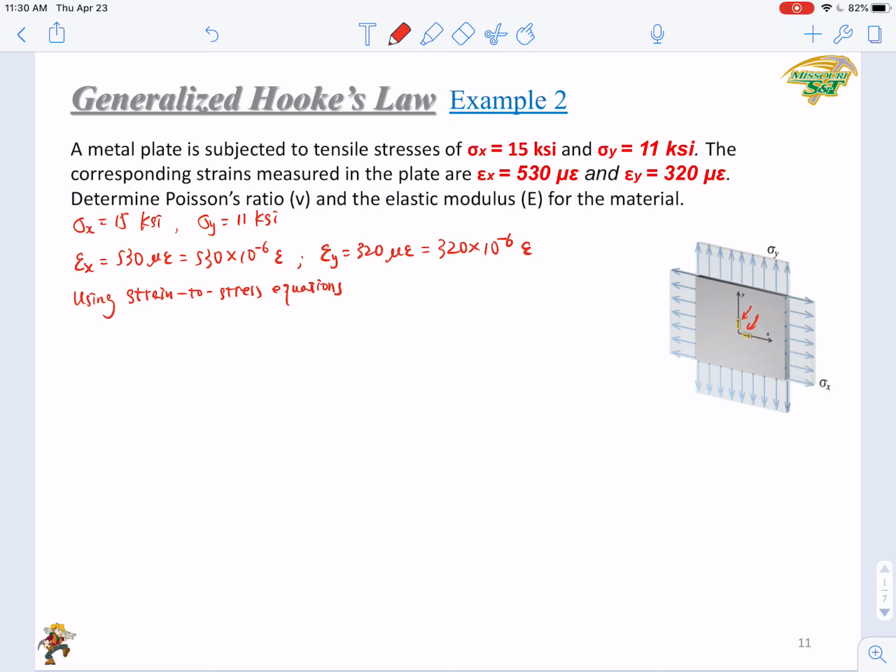And as I said, this is a plane stress situation. So you just need to use the plane stress equations.